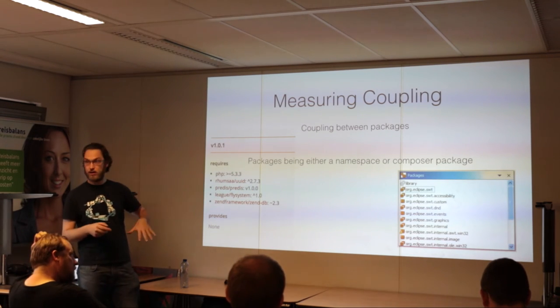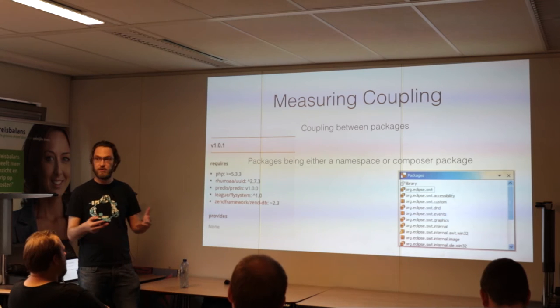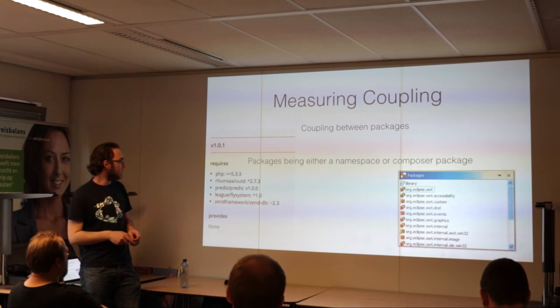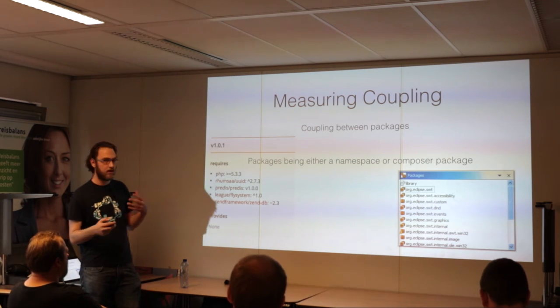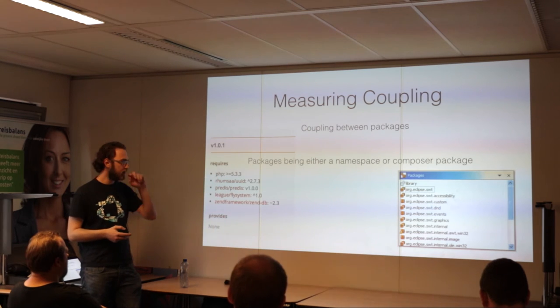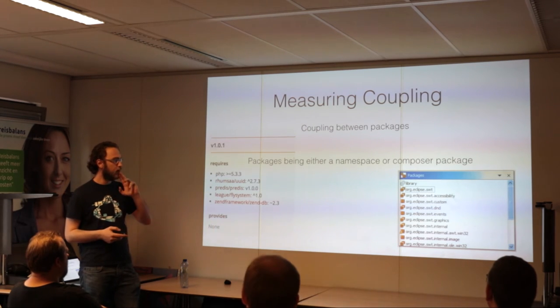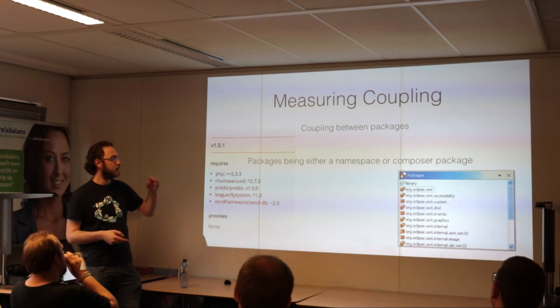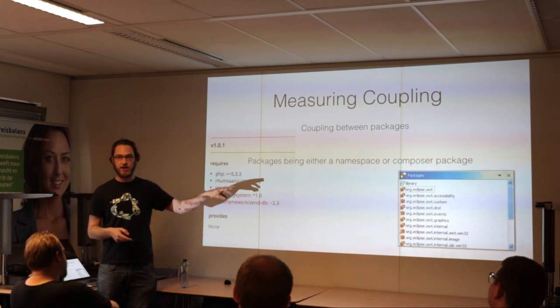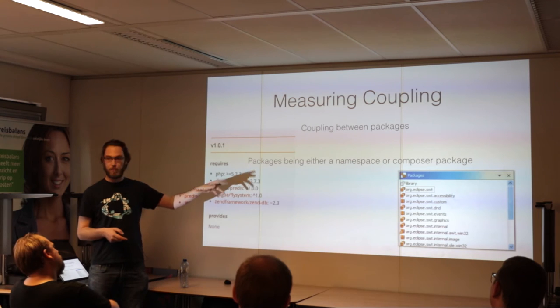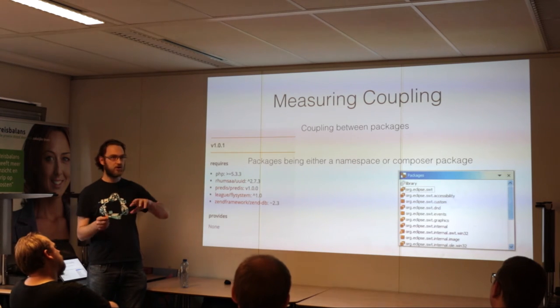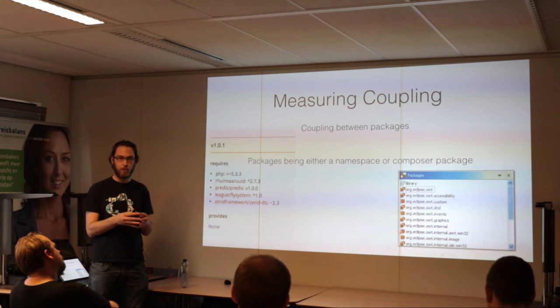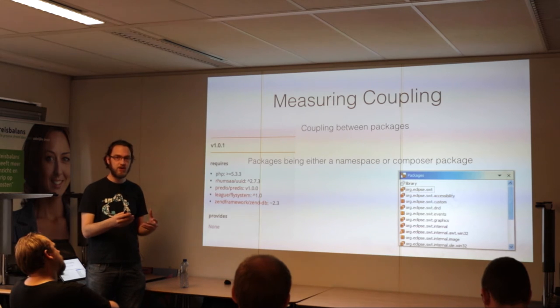And I've actually had a nice discussion, even this afternoon, about whether you could see a Composer package as a real package for this metric. It made me think, because the original concept of Martin's metrics, which this metric is called, is based upon a namespace, and namespaces are packages. So you could say, okay, I have a small package on Composer, which is only one namespace.